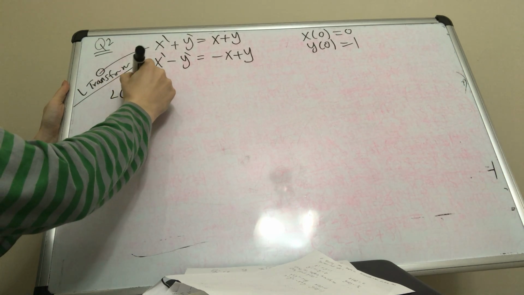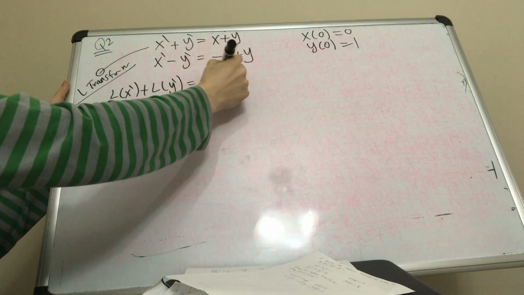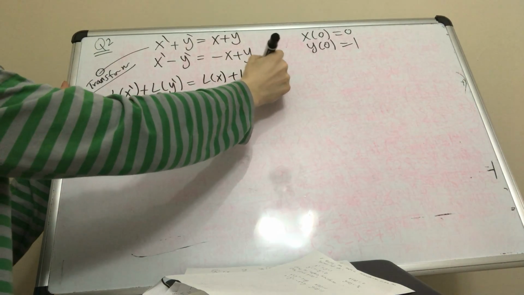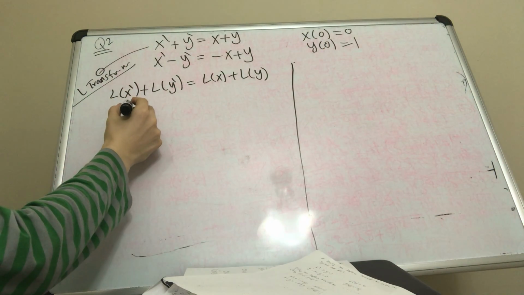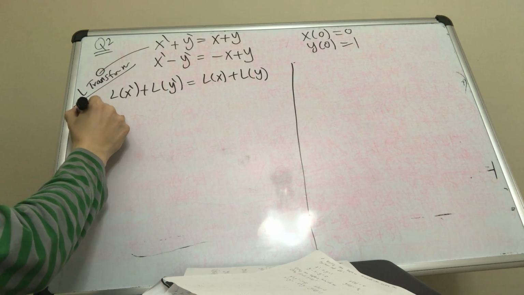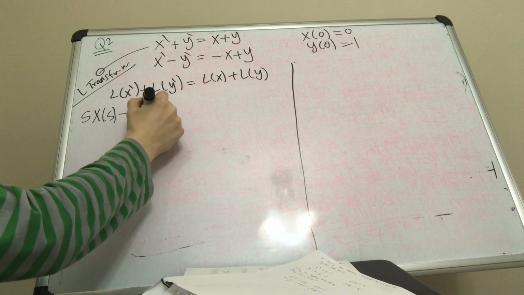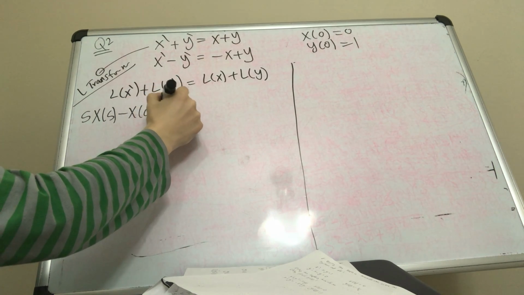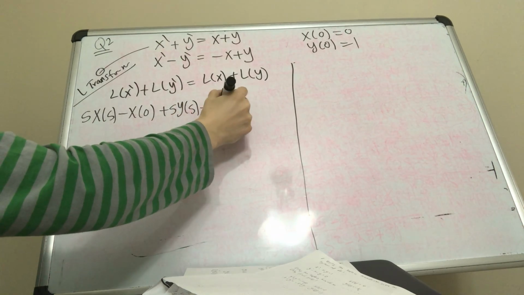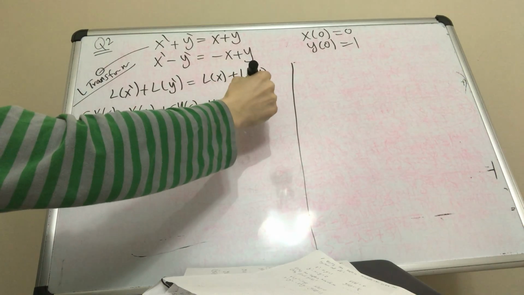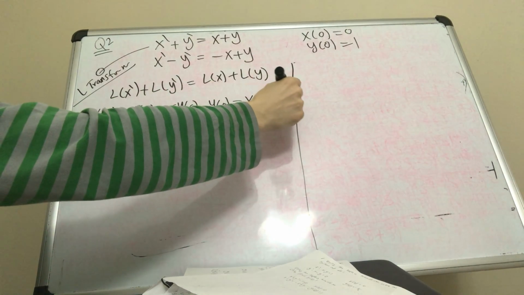So Laplace for x bar, Laplace for y bar, Laplace for x, Laplace for y. For x bar, it's, as you know, s x of s minus x at 0. For this one, s y of s minus y of 0. For this one is just x of s, and for this one is just y of s.